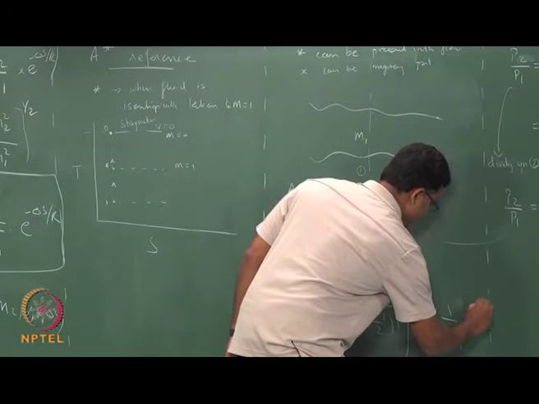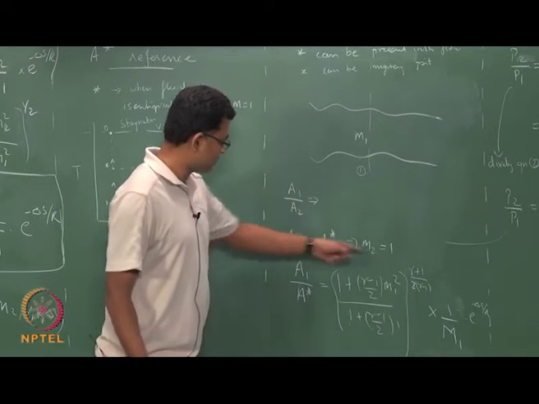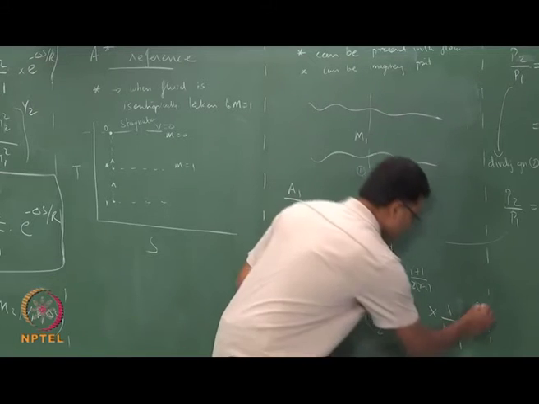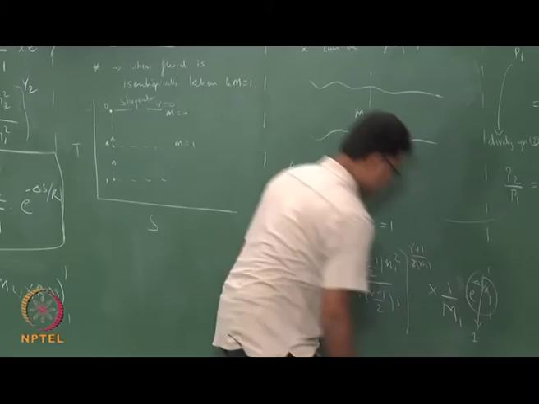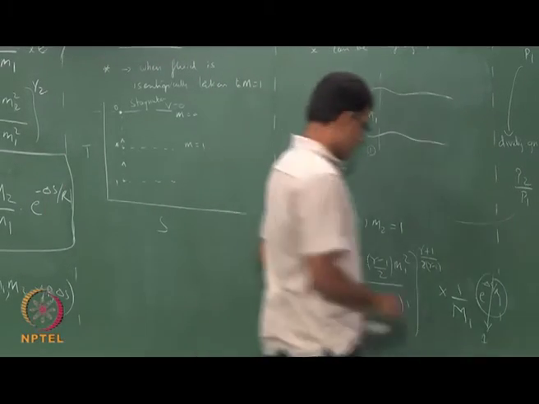Now, I have taken it isentropically to star value, so this quantity is now 1.